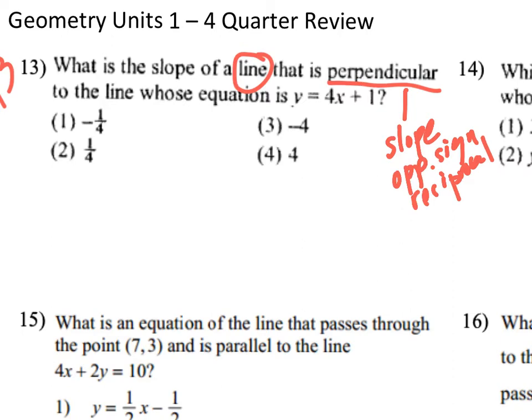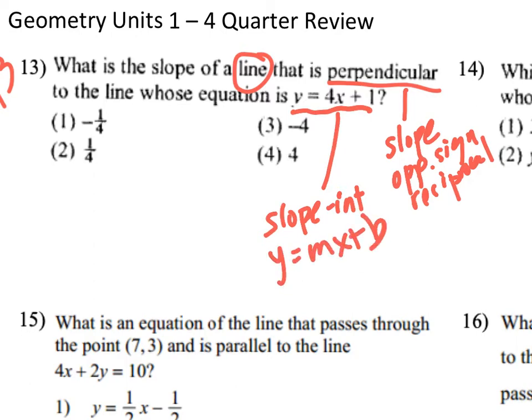So when I look at the original line that I'm given, it's in slope-intercept form. And I know that it's in slope-intercept form because it follows the form y equals mx plus b, where m is going to be my slope, right? So I want to find what's my coefficient for x so that I know what my slope is.